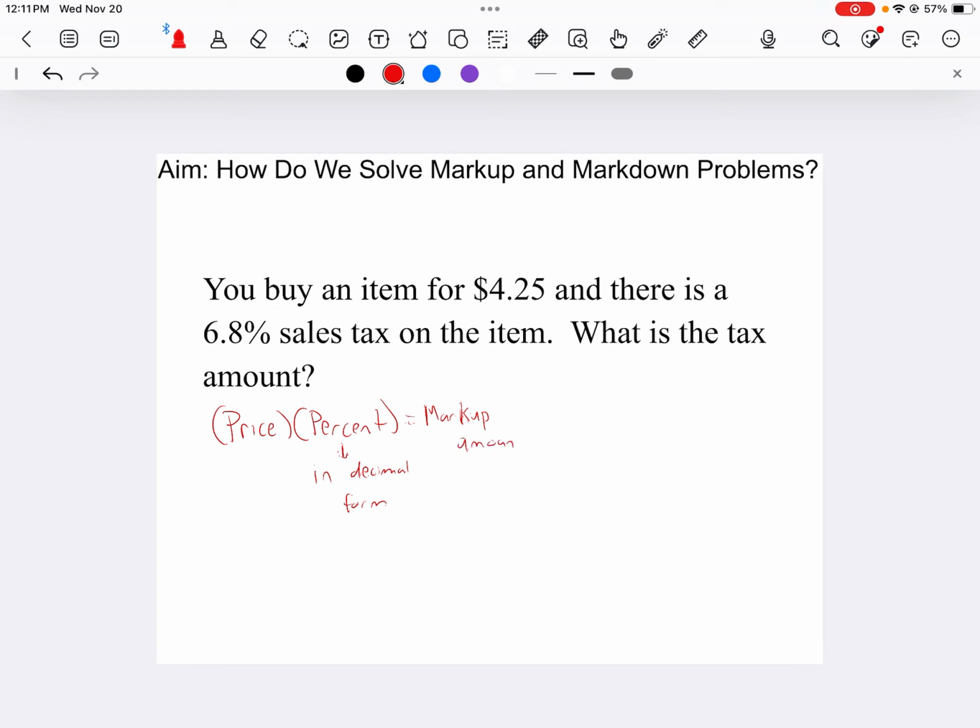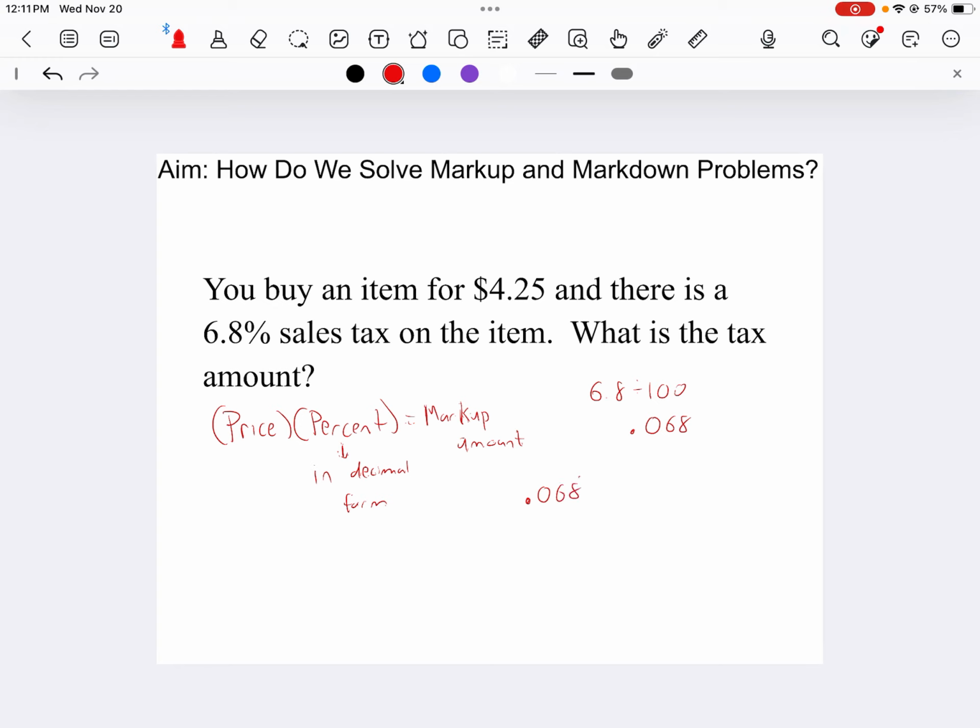So in this problem, the 6.8%, in order to turn that into a decimal, 6.8 divided by 100 is 0.068.